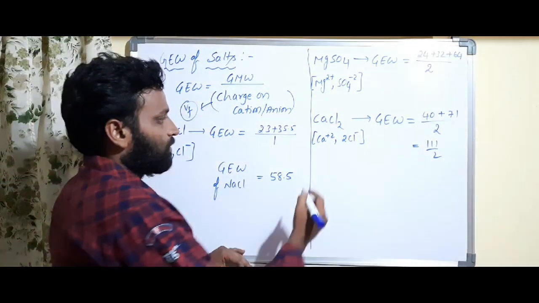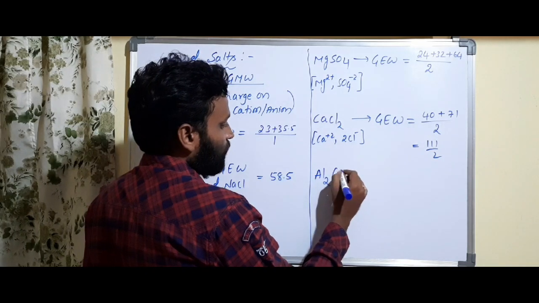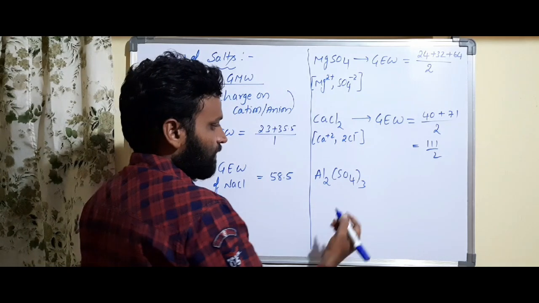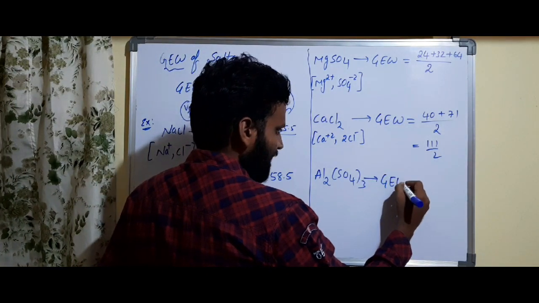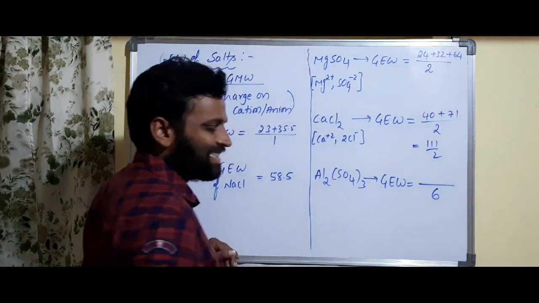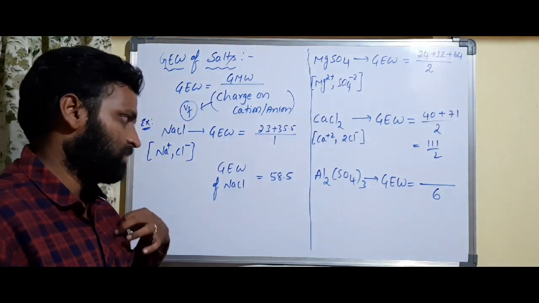Hope you understood. The last and final example for us is Al2(SO4)3. For this gram equivalent weight, what will be the charge? You have to take 6. Why do we have to take the charge 6?